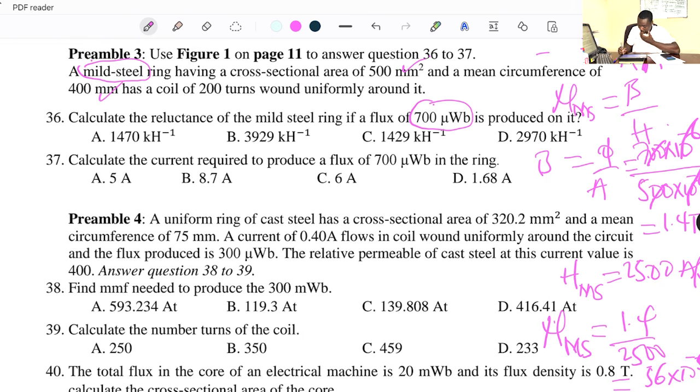We have this. Now we have this being the relative permeability.